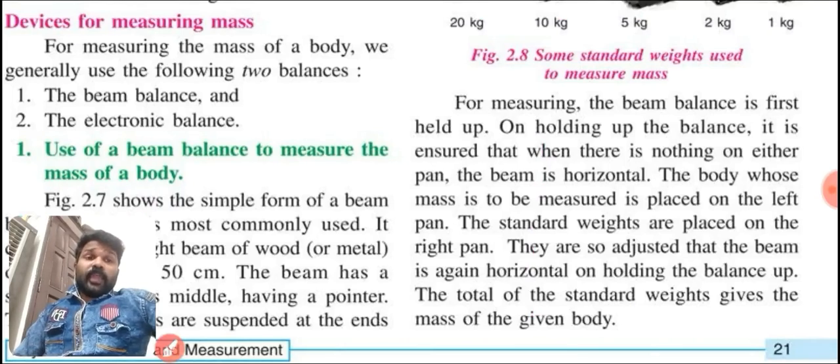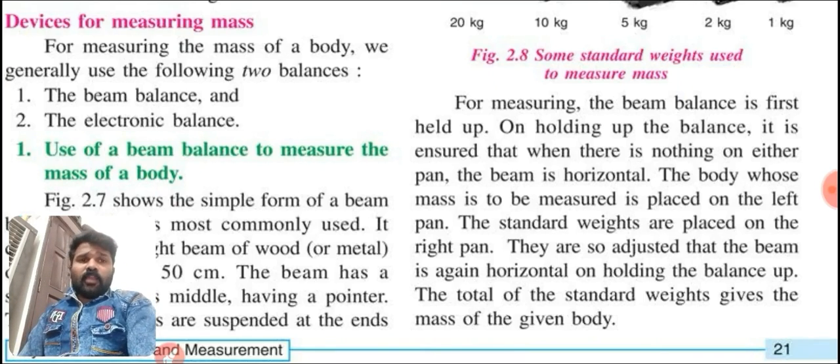They are also adjusted so that the beam is again horizontal on holding the balance up. The total of the standard weights, how much standard weight we are keeping in the right pan, gives the mass of the given body.